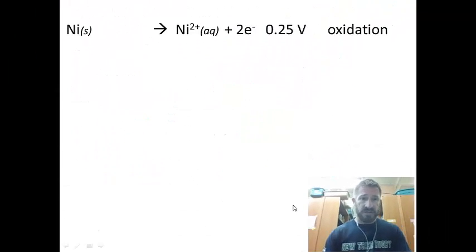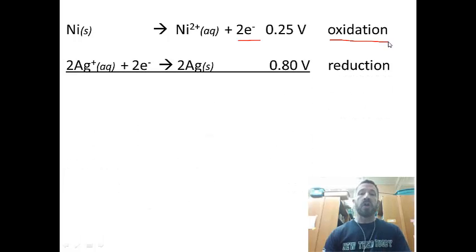A couple other things. So this is our nickel reaction. We say this is a nickel half reaction. Notice the electrons are products. Lose electrons, oxidize. So this is an oxidation. Look at the silver reaction. The silver half reaction, the electrons are reactants. If they are reactants, the electrons are gained.